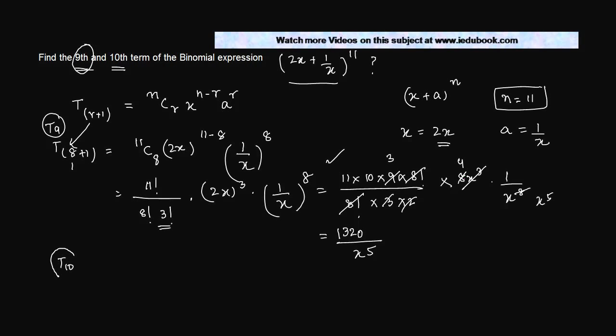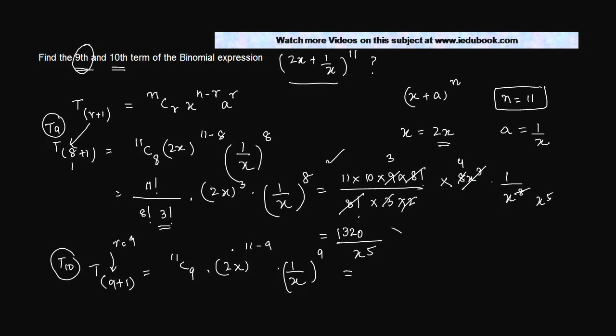Similarly, if you have to find T10, this can be written as T(9+1). So we will get r is equal to 9 in this case. So 11C9 into (2x), which is the value of x, to the power 11 minus 9, into 1 upon x to the power r. r is what? 9.